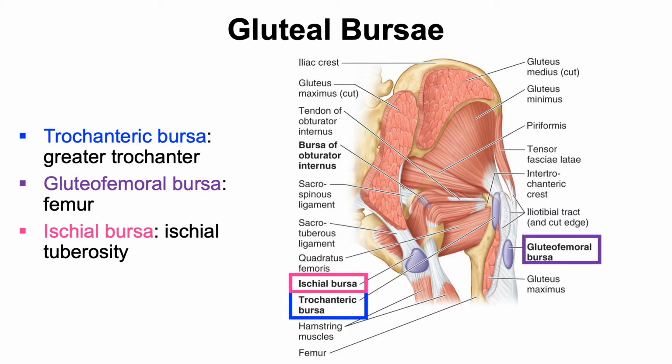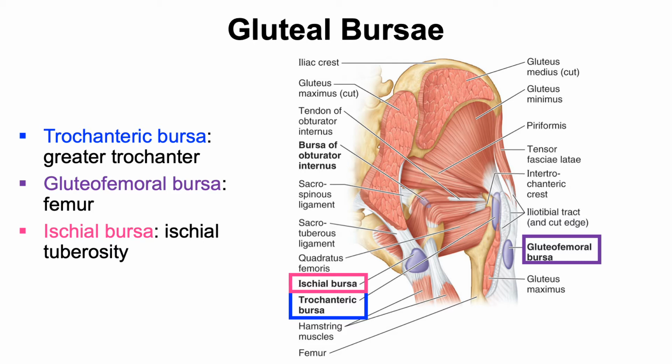In the gluteal region, we have three main ones. The first one in blue is going to be the trochanteric bursa. Trochanteric, you think trochanter, so this is going to be over the greater trochanter and helps protect that lateral side of your hip. Then you're going to have a gluteal femoral bursa, which is in purple, sitting on top of the femur right over the gluteus maximus, so gluteus maximus, femoral over the femur.